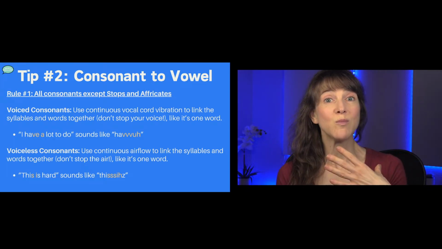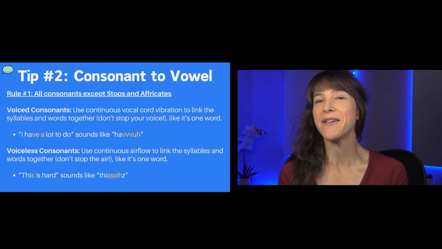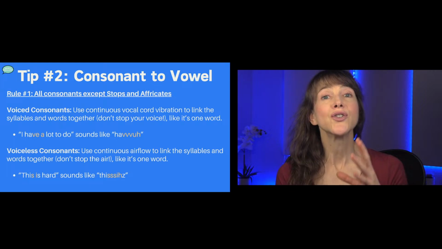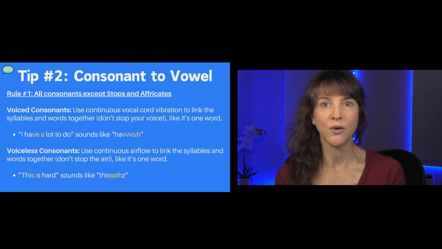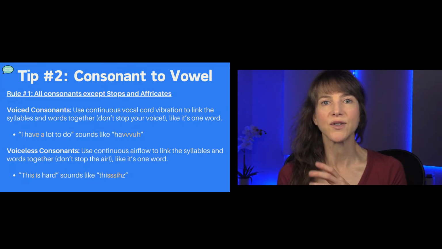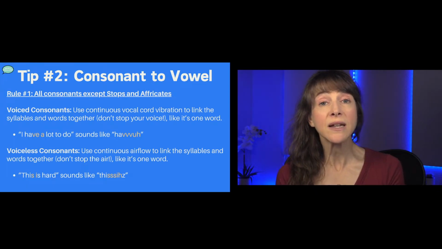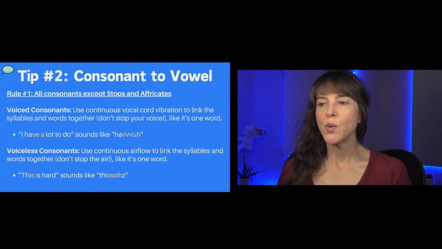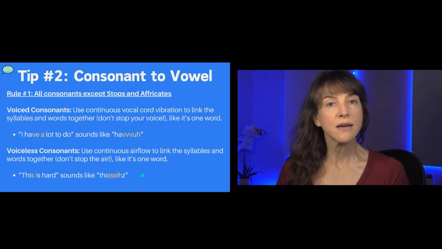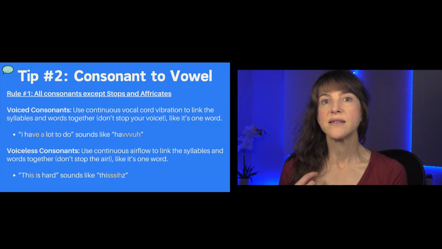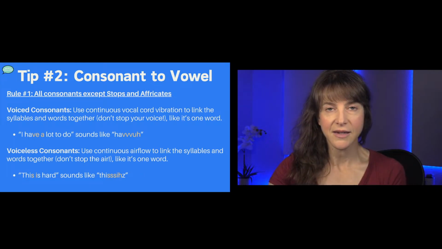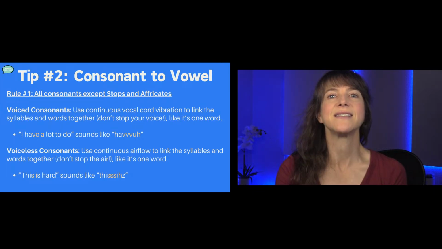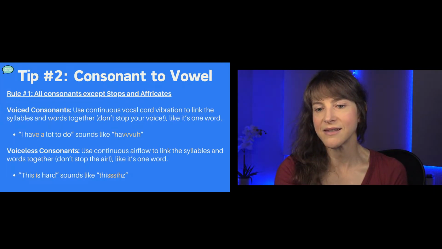Very similarly, when you have a voiceless consonant, you're going to use continuous airflow to link the syllables and words together. So don't stop the air. Pretend like it's one word. So we have this is hard. That's your phrase. That target link sounds like this is, this is.